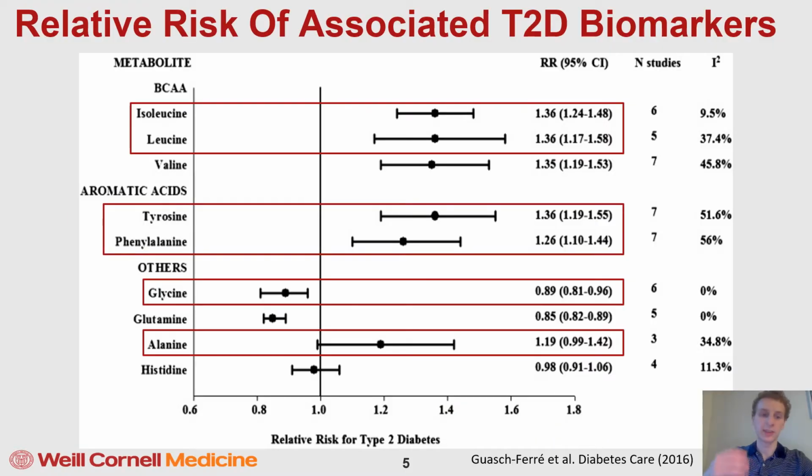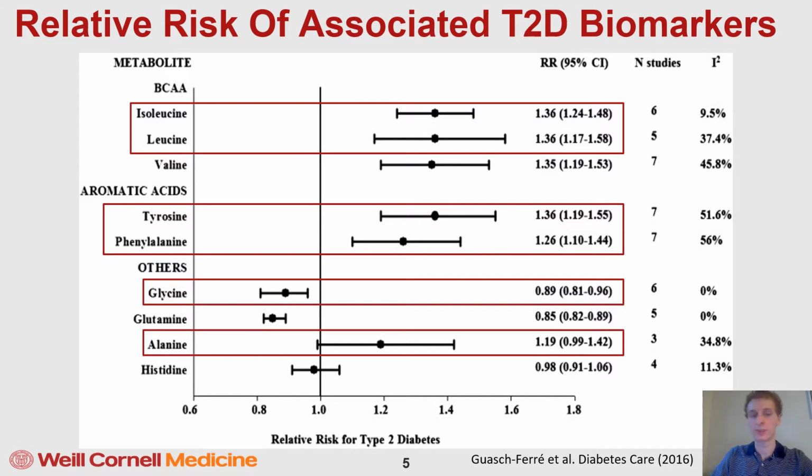So next, Ferret et al., through a meta-analysis of these 8 studies, found pooled relative risk of associated type 2 diabetes biomarkers, shown here.